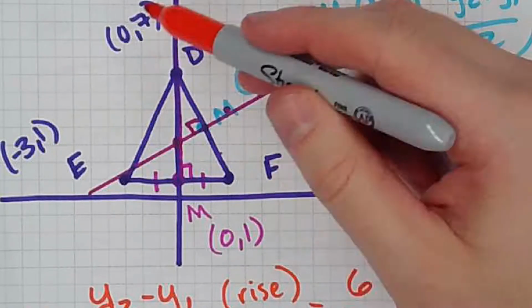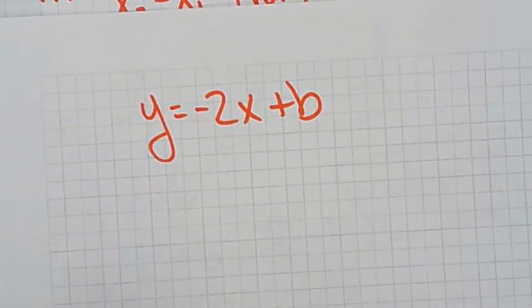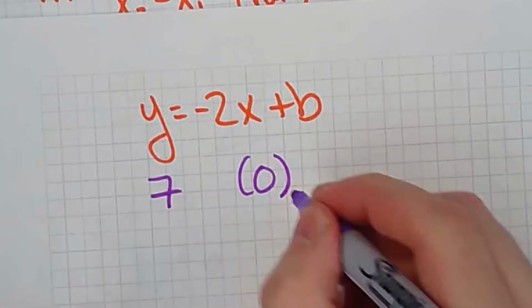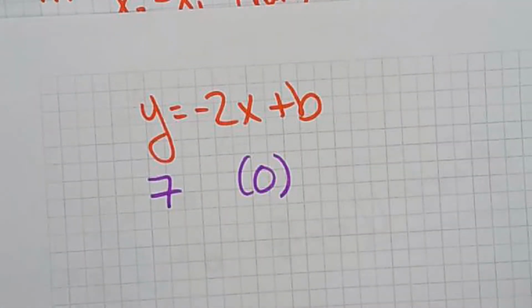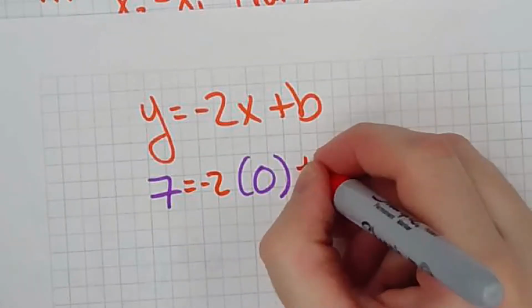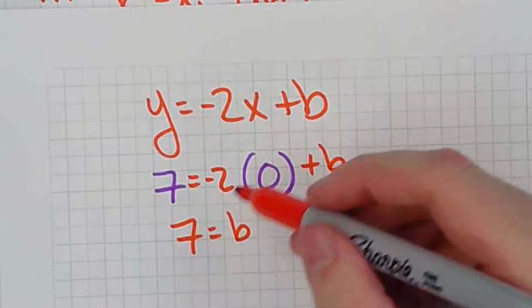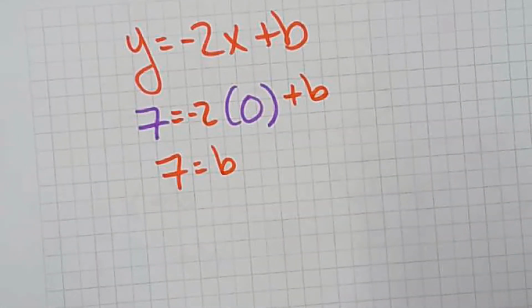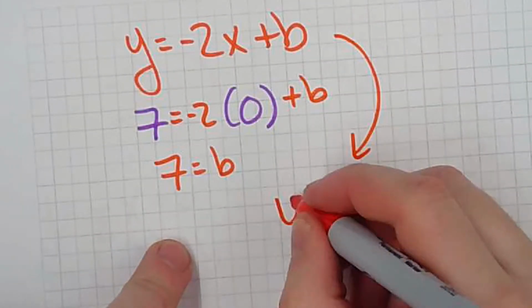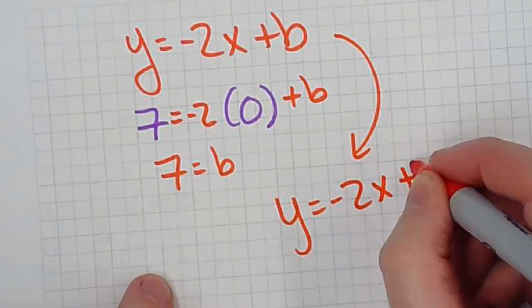I'm going to choose 0, 7. If I plug in 7 for y, 0 for x, this goes away, and I get 7 equals b, because -2 times 0 is 0, and b is left over. So the equation was really y equals -2x plus 7.